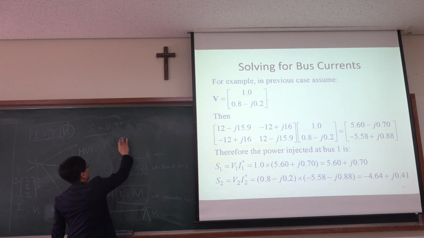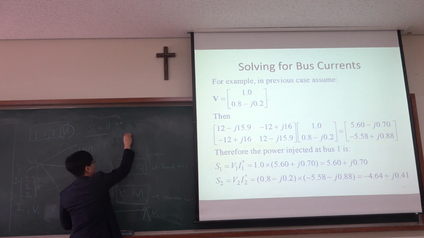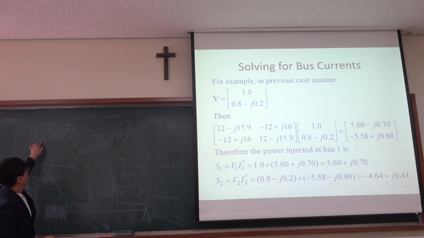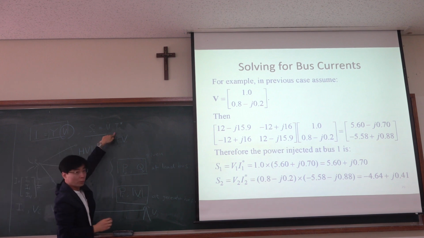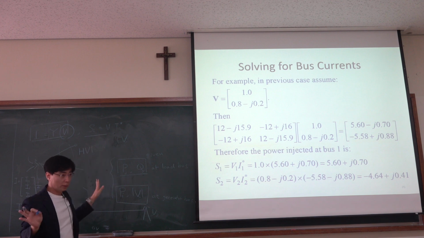Again, sorry. If we know this complex voltage, then we are fine, because using this equation, we can determine the complex current injection, and then using this one, we can determine the complex power at each node, and everything is done.